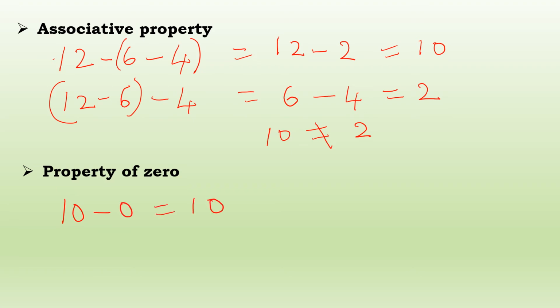I get the same number. Let me take the largest 3-digit number, 999, and subtract 0 from that. What do I get? I get 999, largest 3-digit number. So we can say that 0 is the identity number of subtraction.